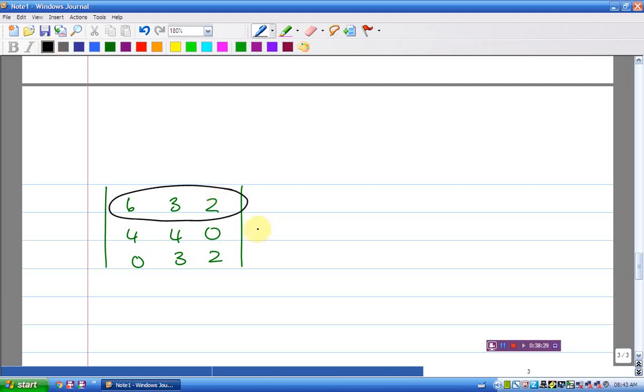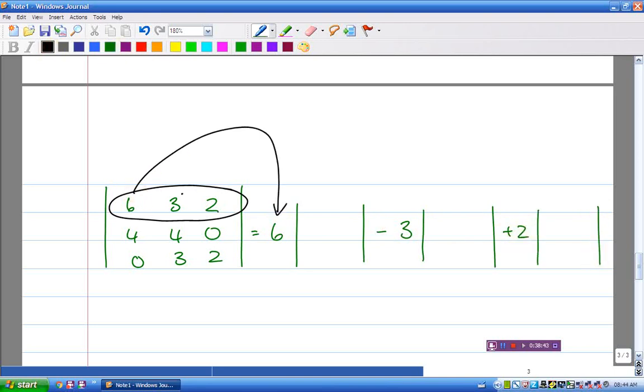I'm going to say this equals 6 times the determinant of something, minus 3 times the determinant of something, plus 2 times the determinant of something. Don't worry about the minus, I'll explain it.